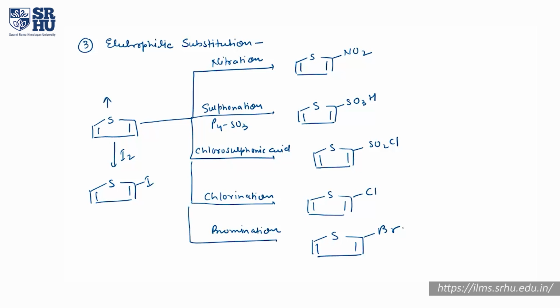You can also have this C double bond O CH3 acetyl group at the second position again by using an acetylating agent, for example acetyl chloride.